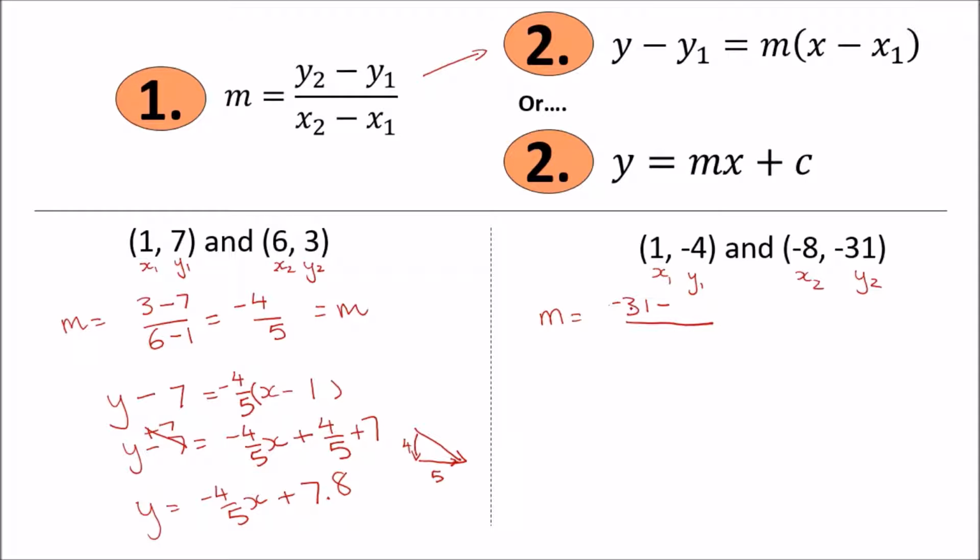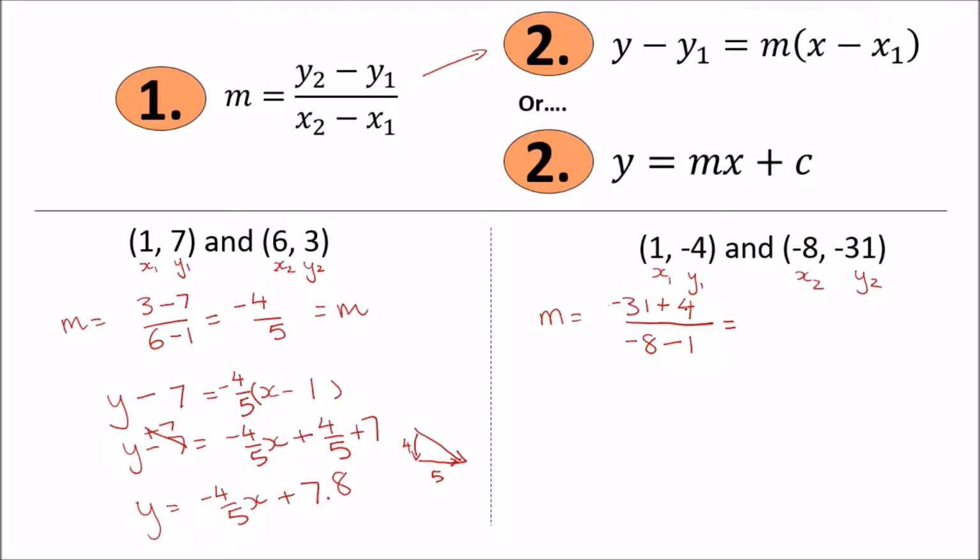Now here we're doing y2 minus y1, but you'll notice that y1 is a negative number already. So when you subtract a negative number, that's the same as adding a positive, so minus a negative becomes positive, and we still write in x2 as we have been, minus 8 minus another 1.